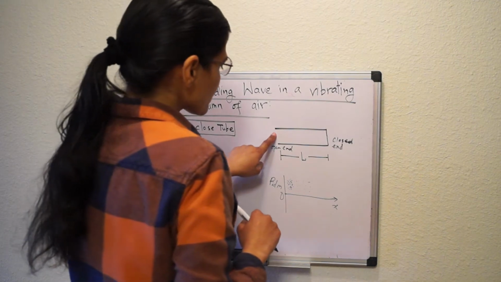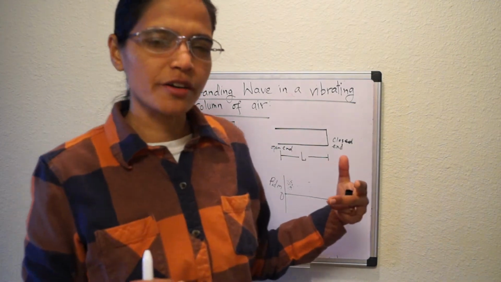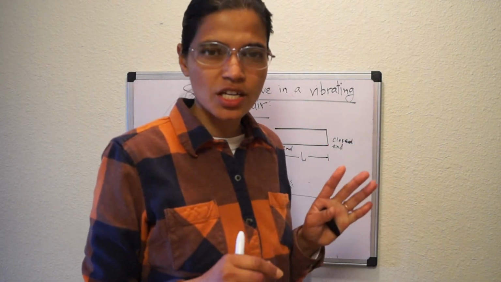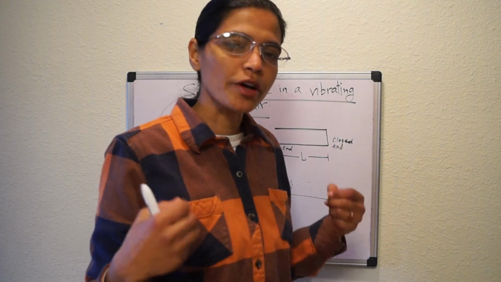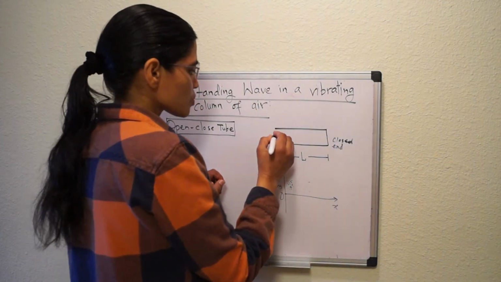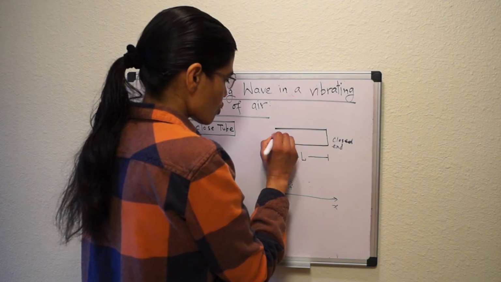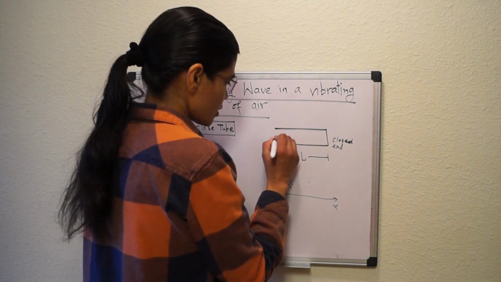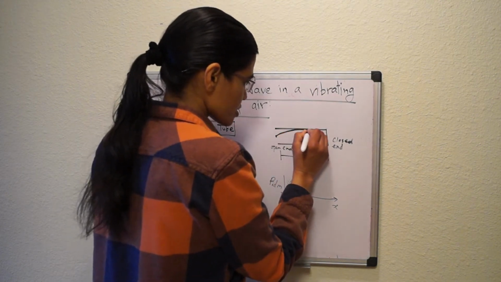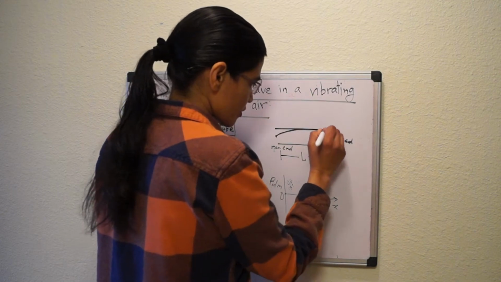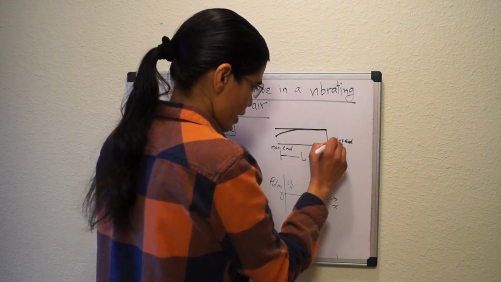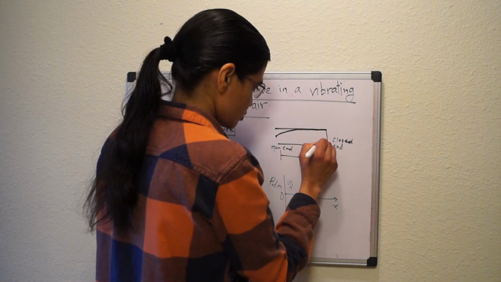And at this point here, it's open to the atmosphere, the pressure cannot really change there, so that's almost like a fixed point in the string. So this point we make a node, remember how we make a node. The wave goes there, and by the time it reaches there, it has to reflect back.